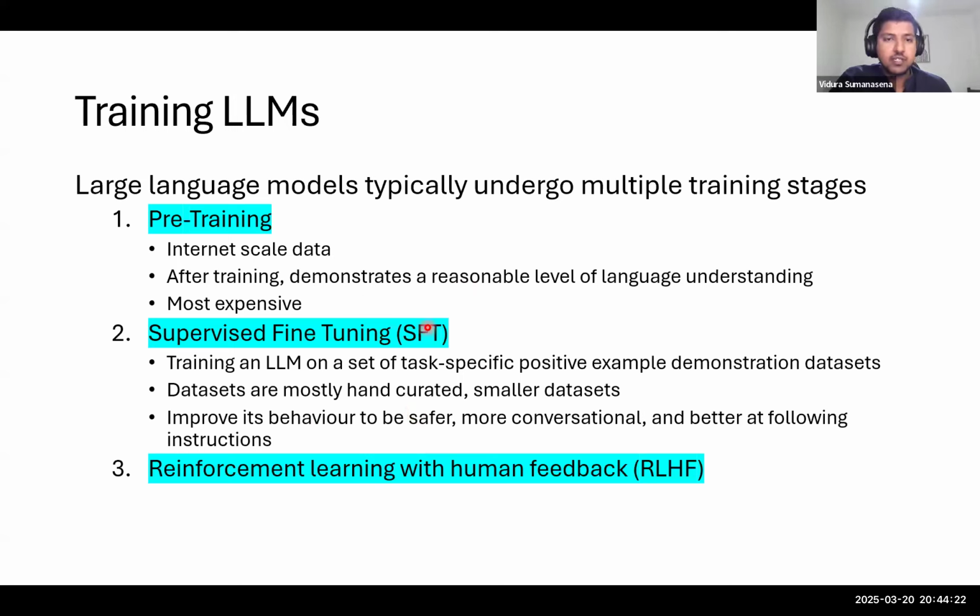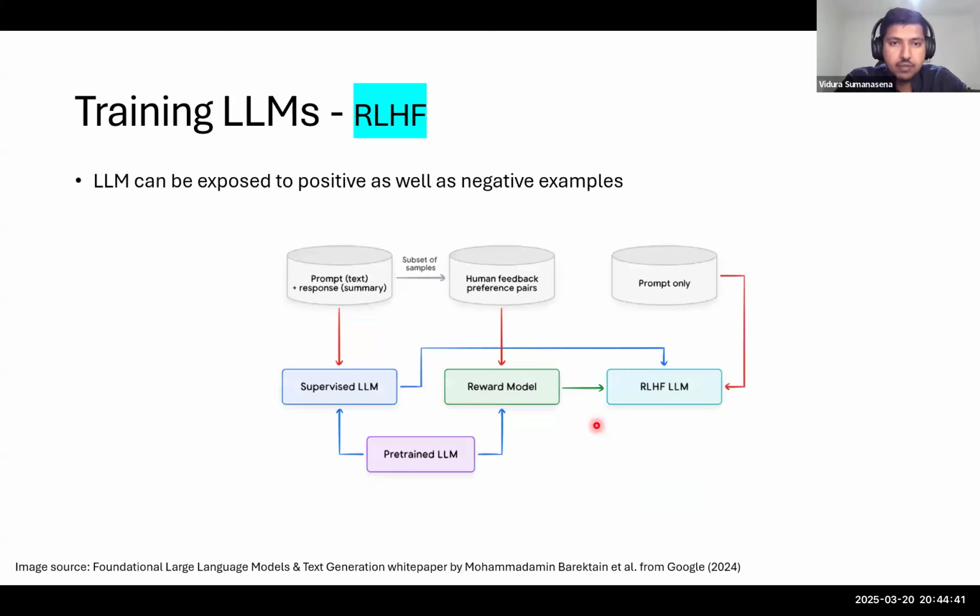These instruct models are specially tuned to be more instruction-following using SFT. Then comes reinforcement learning with human feedback, RLHF, which was the breakthrough technology that allowed GPT to release their models with high generation accuracy.